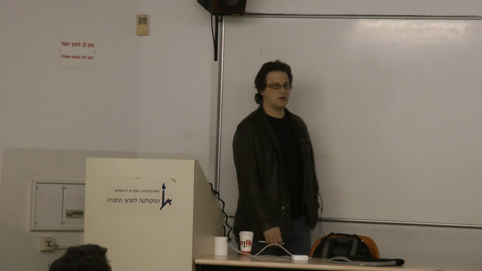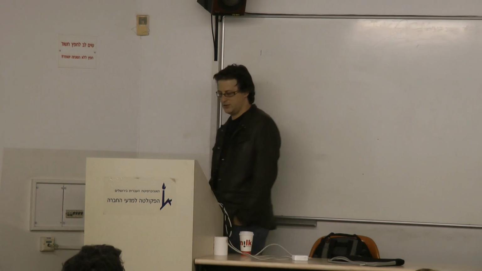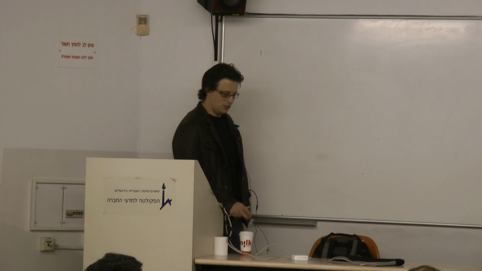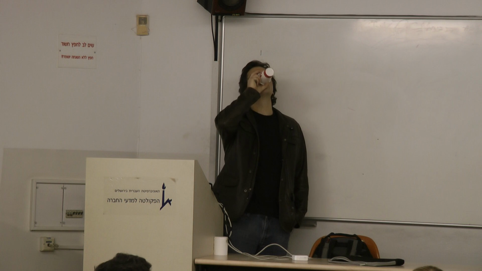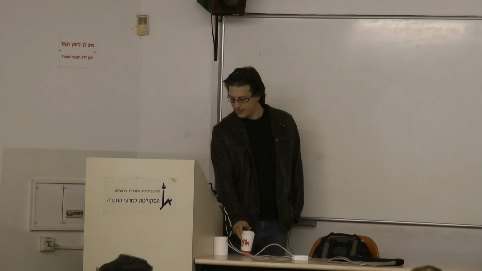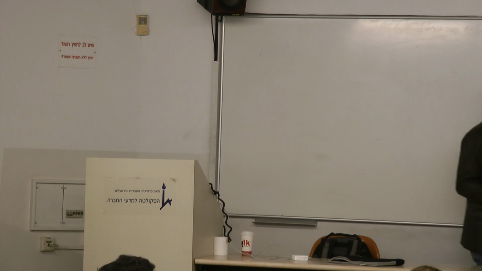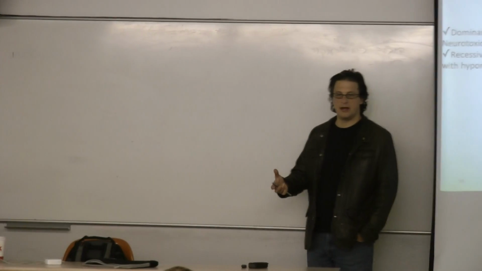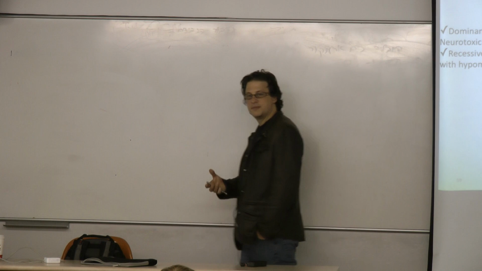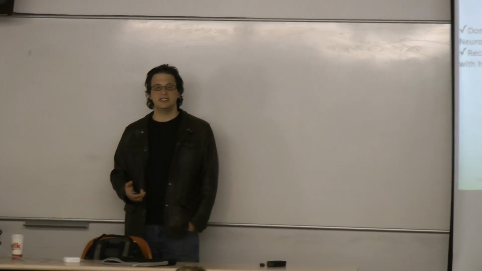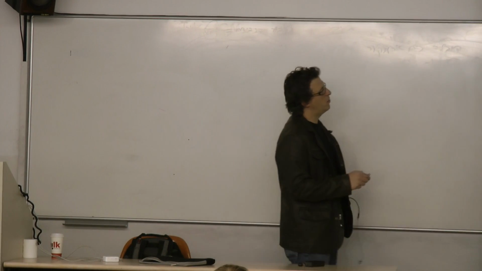So how can we use Drosophila in order to model neurodegeneration? There are two types in which neurodegenerative disease can be inherited or models can be done. In one case, you have models with dominant neurodegeneration.